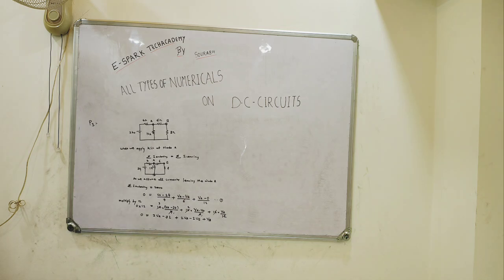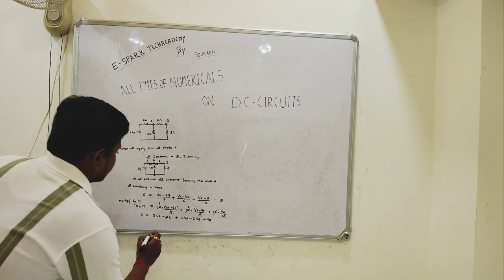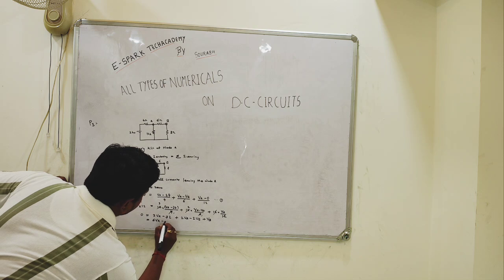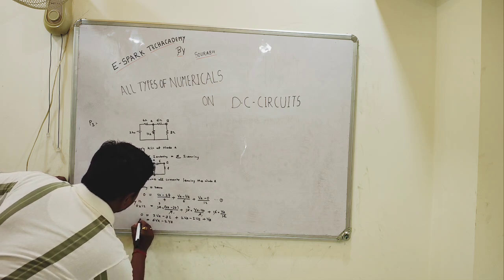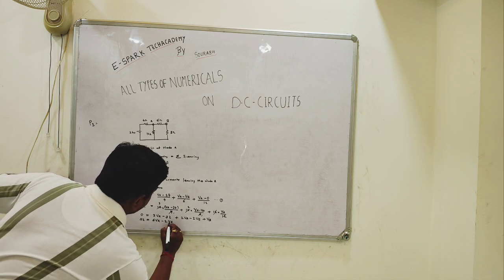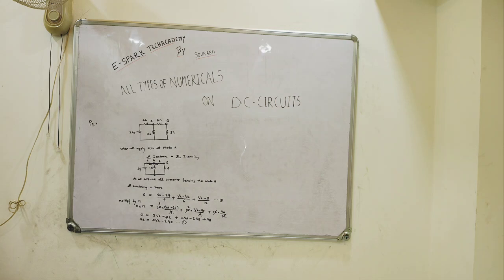Now by solving this 3 VA, 2 VA and VA, it will become 6 VA minus 2 VB. This 72. This is the final equation for node A.